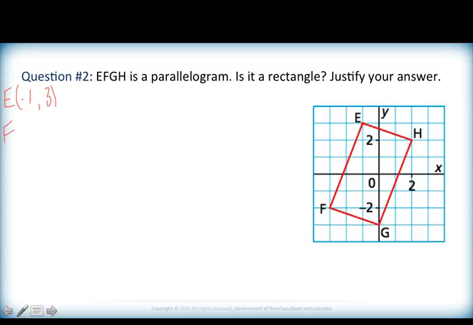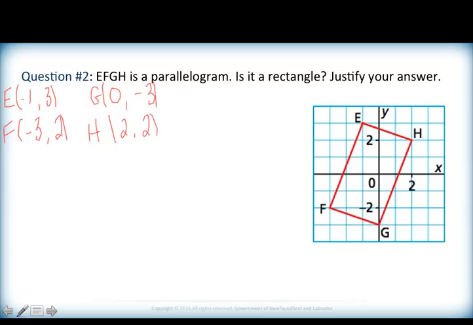F is going to be -3 and -2. G is going to be 0 and -3. And H is going to be 2 and 2.